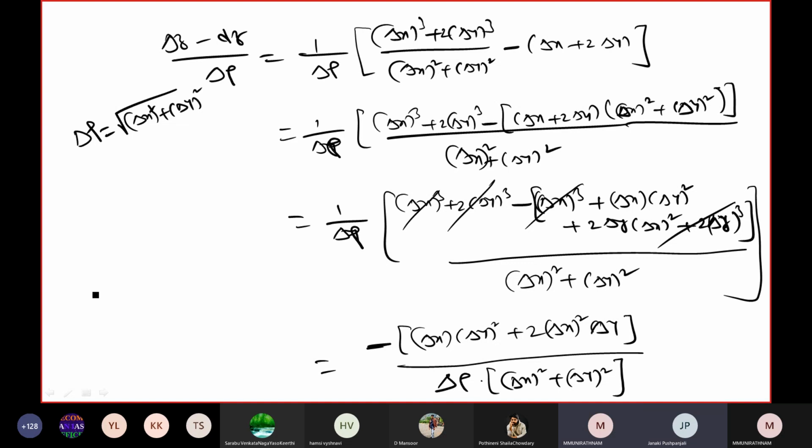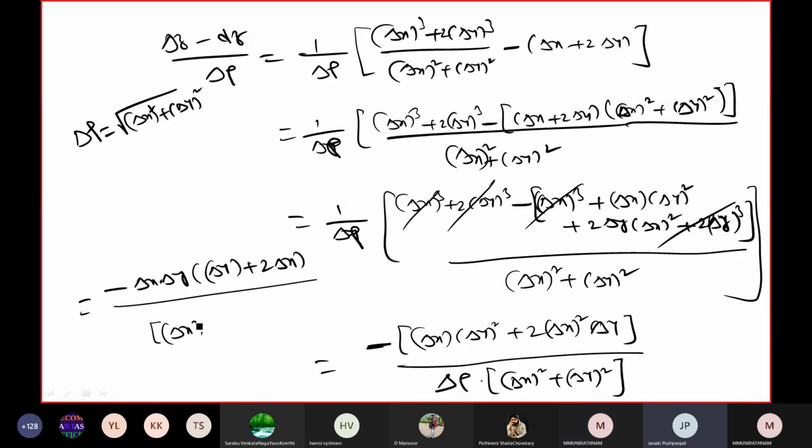Okay, now finally minus delta x into delta y, taking delta x delta y common, delta y remains, plus 2 delta x remains. So this is delta x whole square plus delta y whole square whole power 3 by 2, that is whole power 1 by 2 plus 1. Okay na? Whole power 3 by 2.